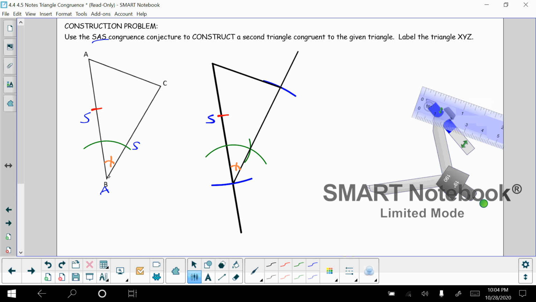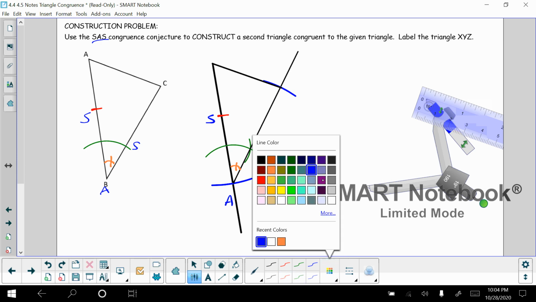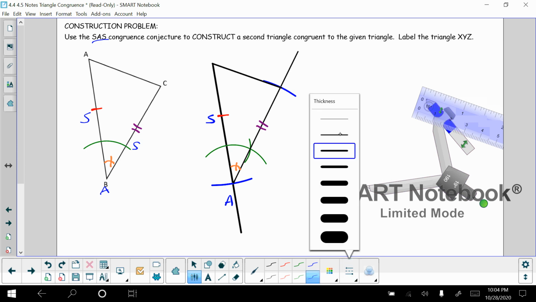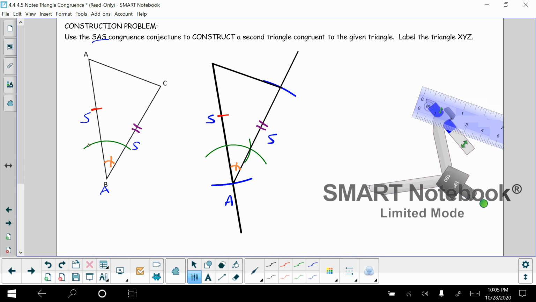I copied this orange angle to this orange angle down here. And then now, let me get a different color, let's do purple. I just copied this side to this side over here because of that arc right there. And so there it is in that pattern, side, angle, side, side, angle, side.